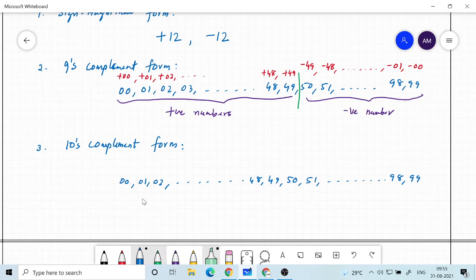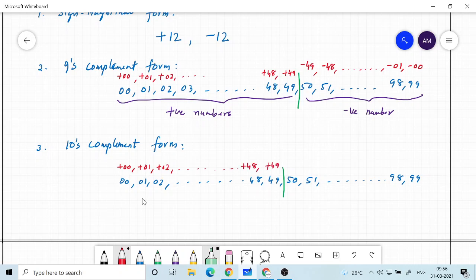Again we split it into half. 0 to 49 the first 50, 50 to 99 the second 50. So this is the halfway, and then the positive numbers are exactly the same, no difference. If I write the positive numbers, the mapping is exactly the same. I have plus 00, plus 01, plus 02, and I continue to plus 48, plus 49.